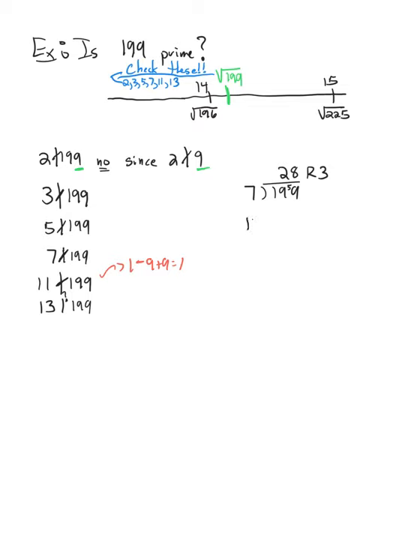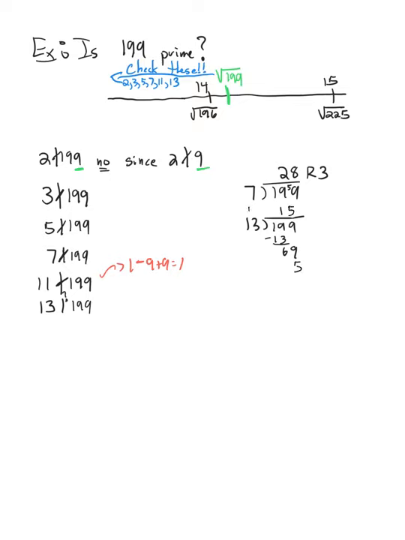What about 13? You can check. 13 goes into 199 once. Subtract 13, we get 6. Bring down your 9. 13 goes into 69 4 times, maybe. Actually, not 4 times, that's going to give us 52. Anyway, I think 5 times will do it. 3 times 5 is 15.